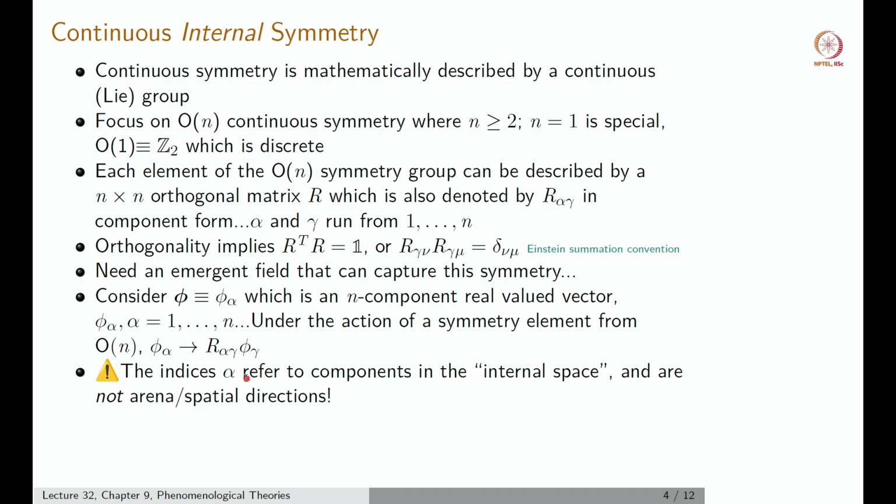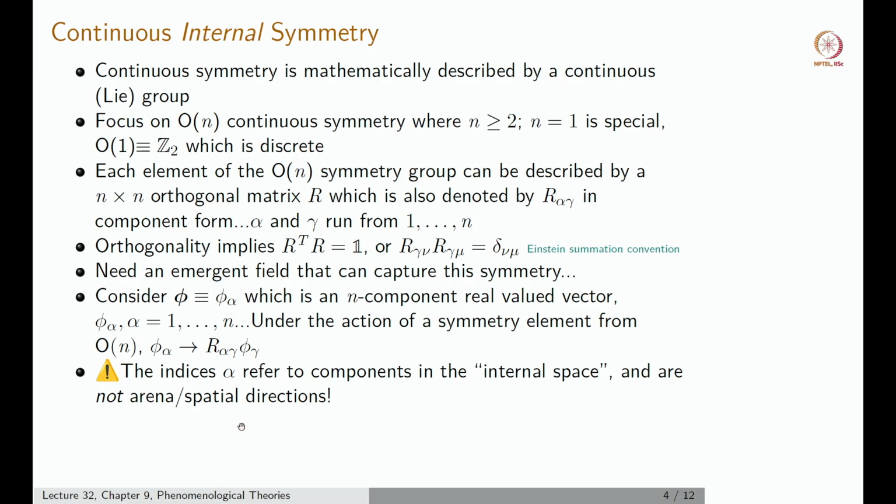For example, I could have a superfluid in 3 dimensions, but the superfluid is described by some U1 stuff, which has only, if you wish, one complex number or 2 real components, as we'll see in the next slide. So the point is, this is not the same as space dimensions. These indices refer to the internal space of the system, and this is something that you must always keep in mind. It is possible that you can give them the meaning of space direction, but it's not necessary, and generically they are not space directions.